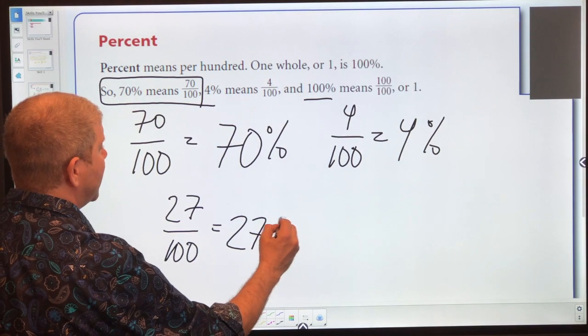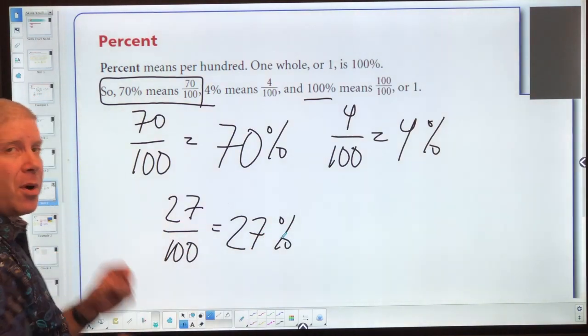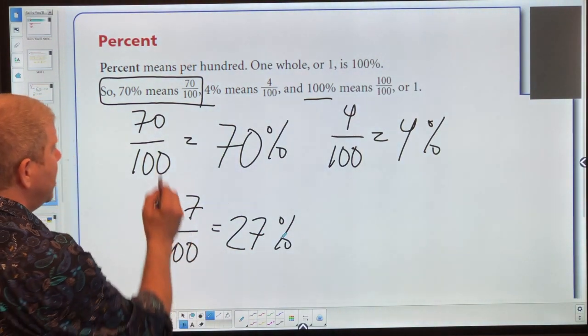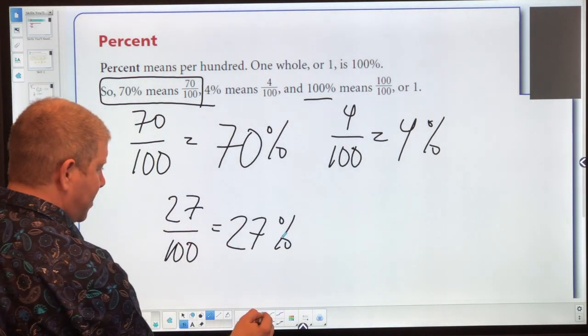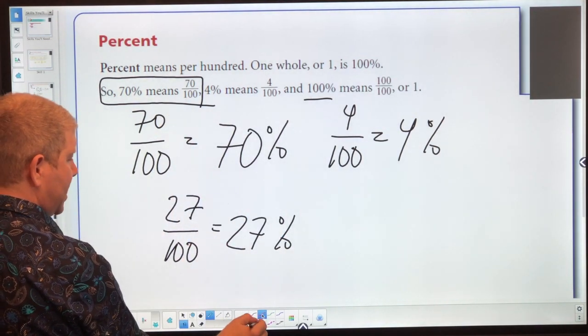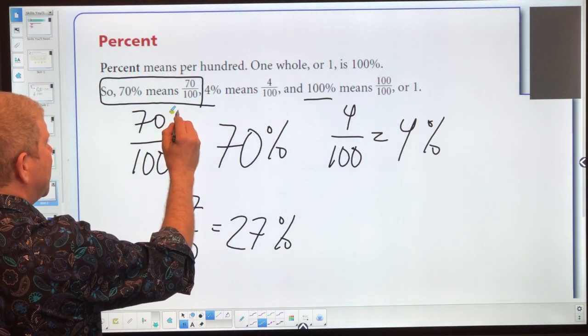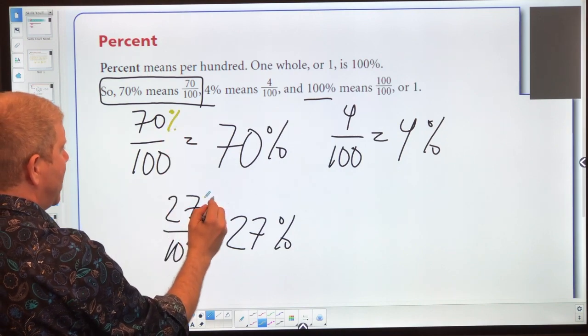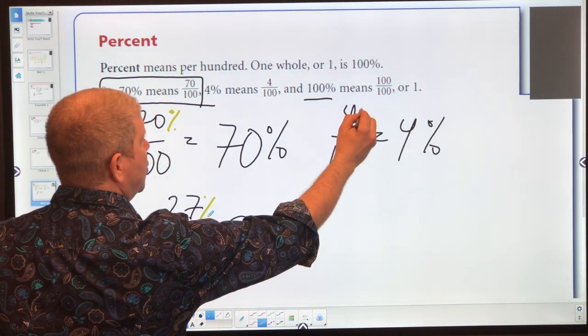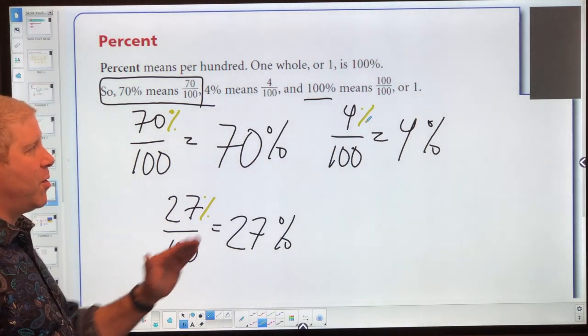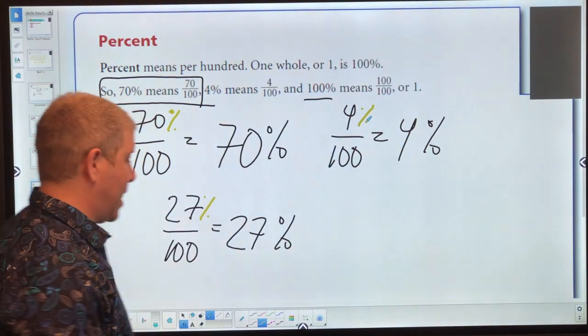You can think of it that if the number is over 100, there is a silent percent mark beside that number, which I'm going to draw in yellow. And so you know it equals whatever that number is as a percent.